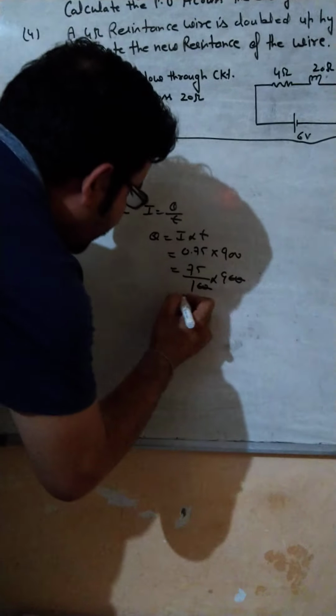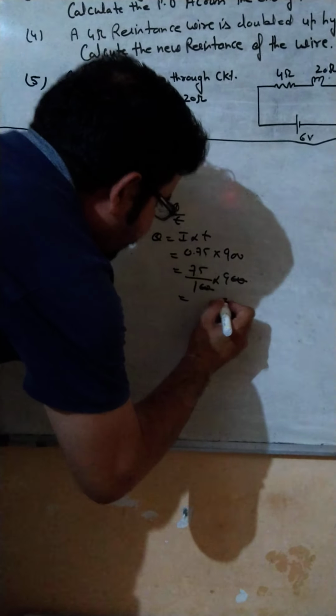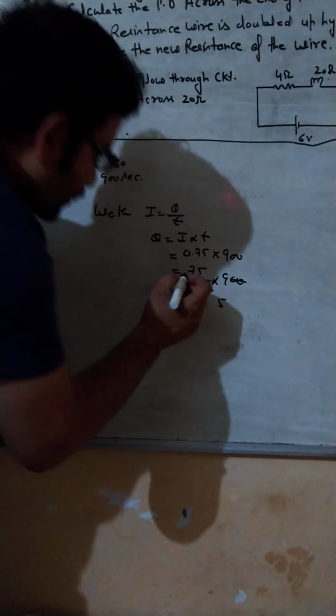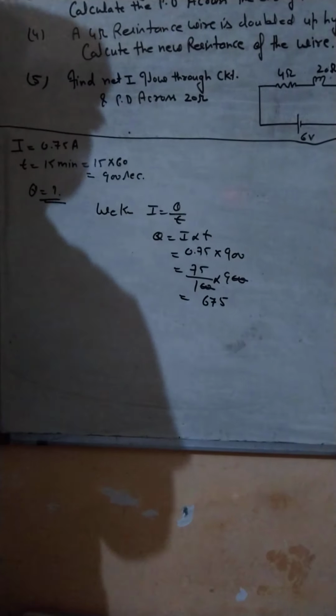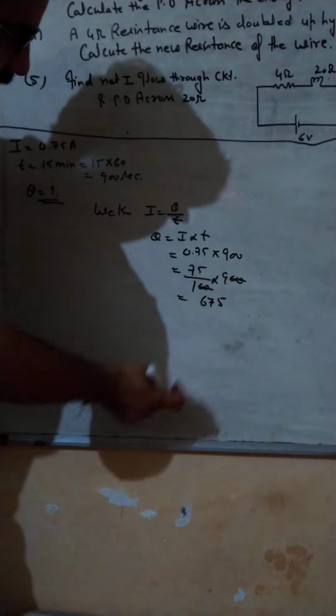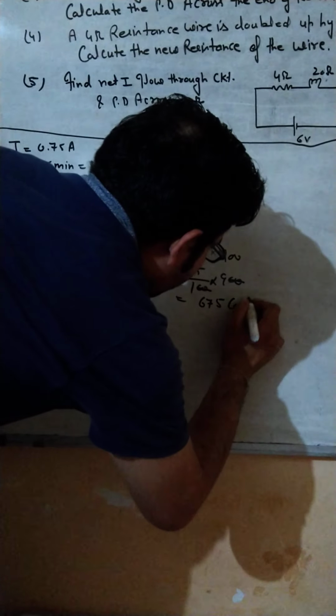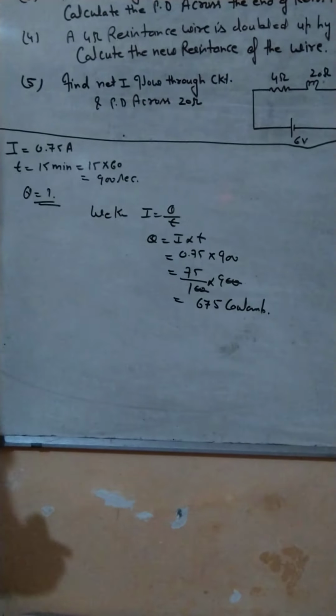Cut it. Then 9 fives are 45, 4 more, 9 sevens are 63, and 4 more is 67. And the charge is 67.5 coulomb. Then you have to put coulomb here. That is the first answer.